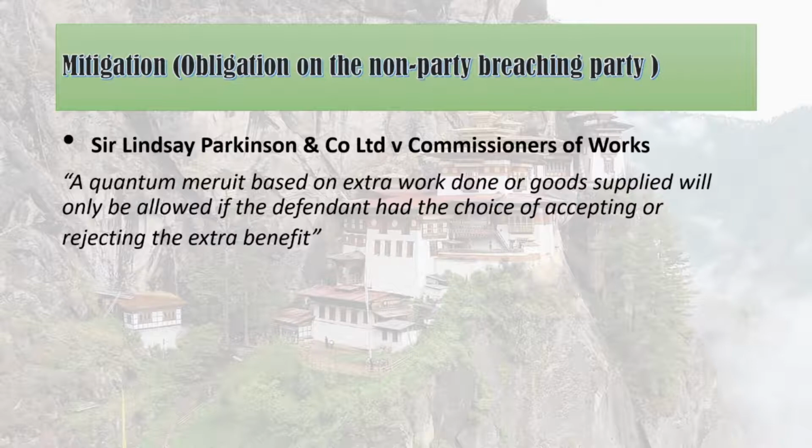And the court further said that where there is a precise provision for remuneration, a quantum meruit cannot usually be used to alter the price, even if the extra work is done. So if you look at it from that perspective, quantum meruit is based on the extra work, or the additional value of services or supplies that is provided to the breaching party.